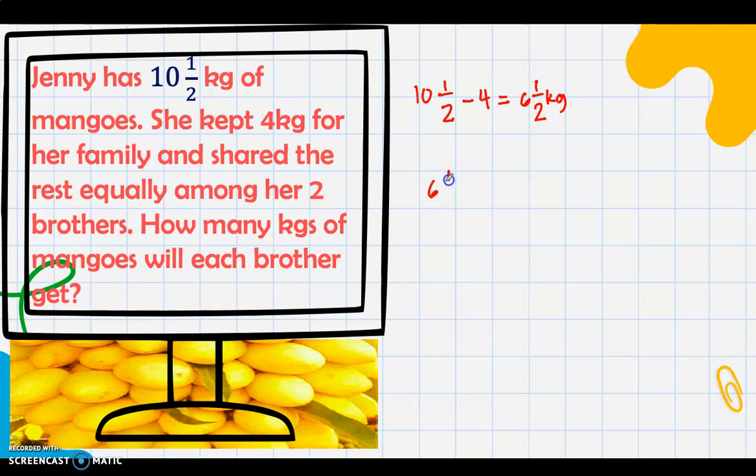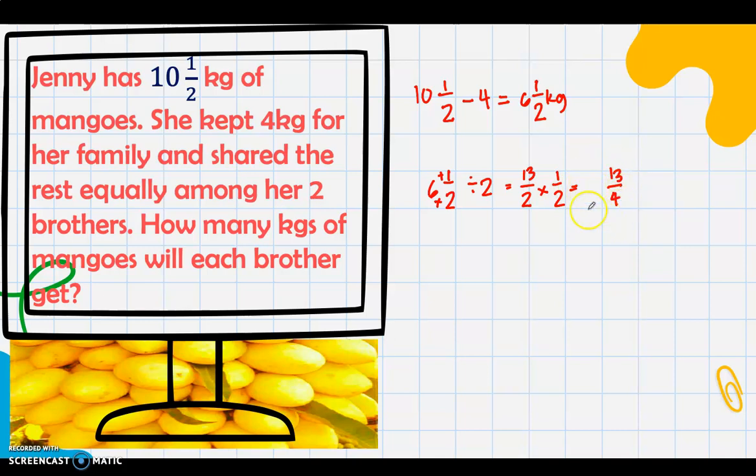So let's divide. How do we divide if it's a mixed number? All you have to do is make it an improper fraction. So this will become 12 plus 1, 13 over 2. Then get the reciprocal of 2, which is 1/2. Then multiply the numerators and the denominators. So that is 13 over 4.